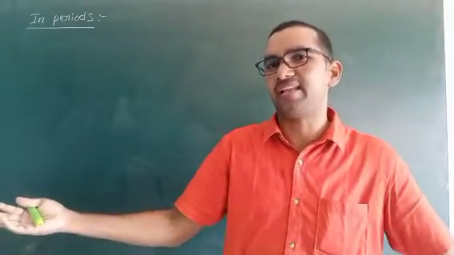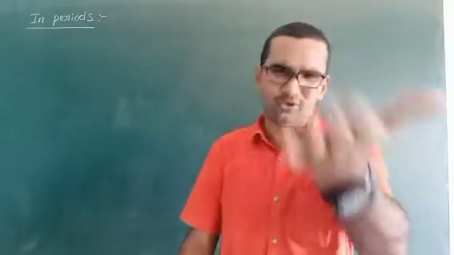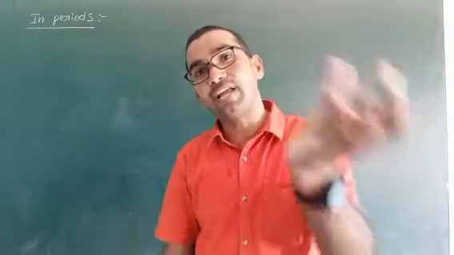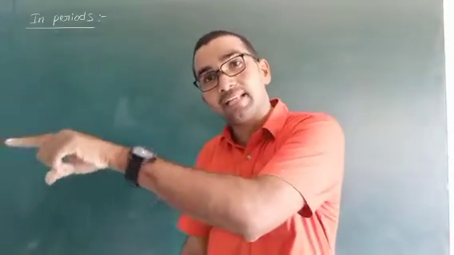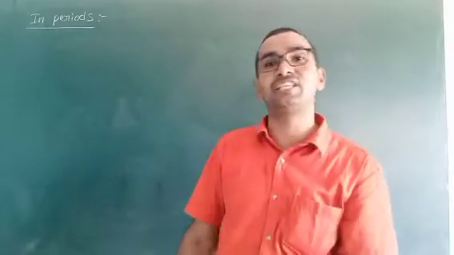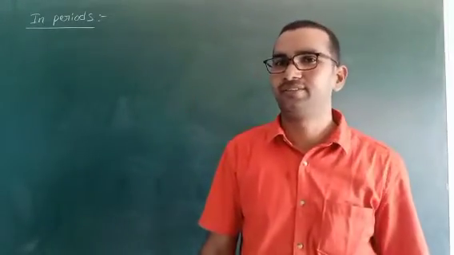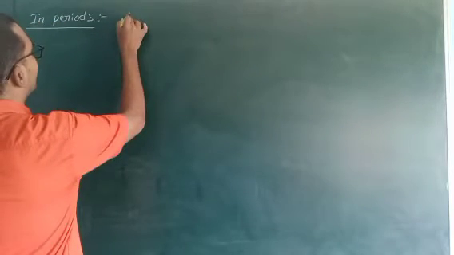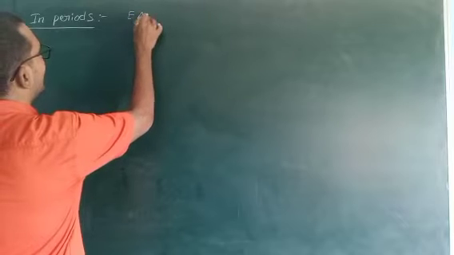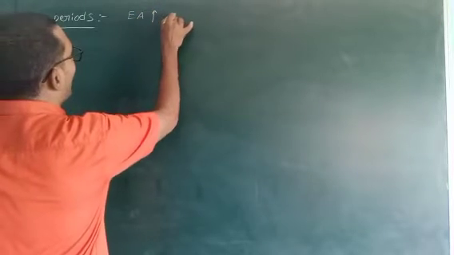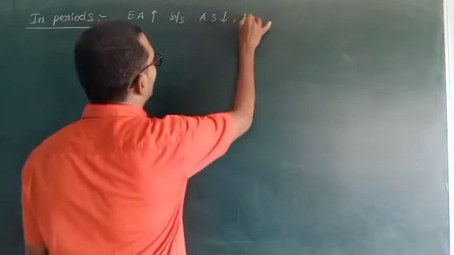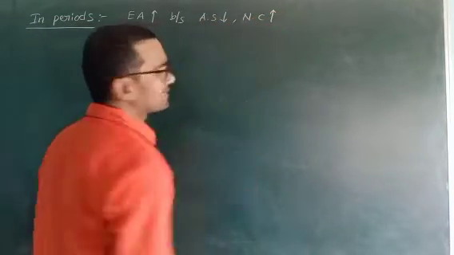It is already fat. I don't want it. If you try to give the electron, that atom will release energy. That's why in periods electron affinity increases, because atomic size decreases and nuclear charge increases.